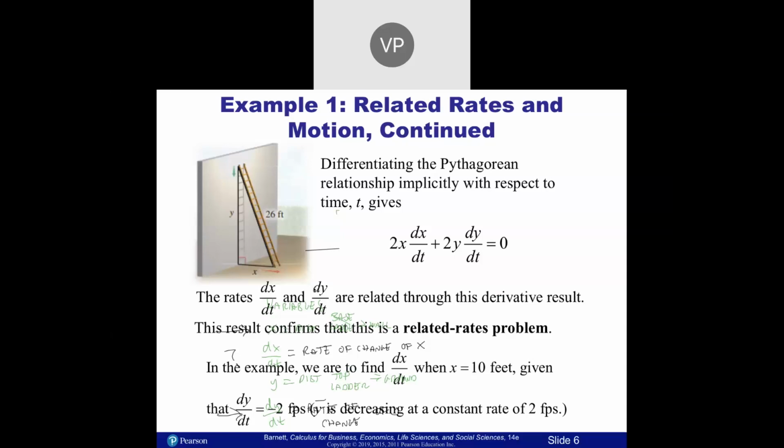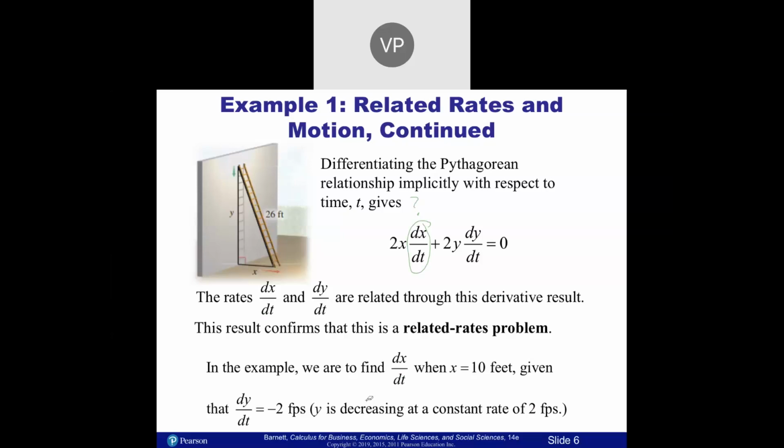So now I'm going to erase everything. I'll rewrite anything I have to here. So dx dt is what we're trying to find. So this letter right here, this is the one that we're looking for. Remember I said they asked us how fast is the bottom of the ladder moving away from the wall. They're asking you how fast is x changing.